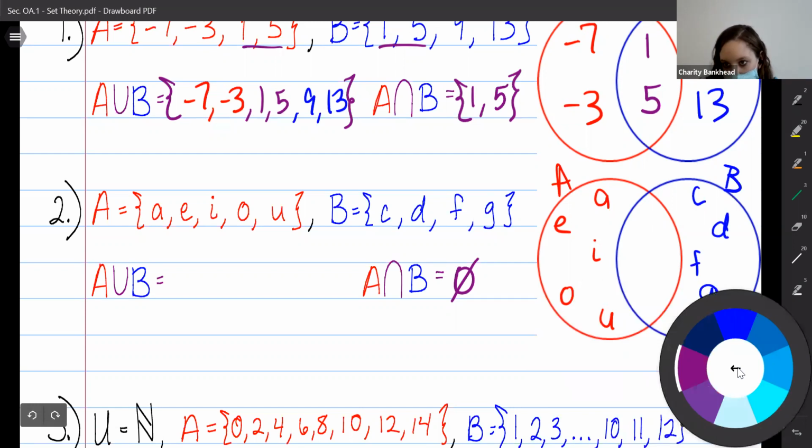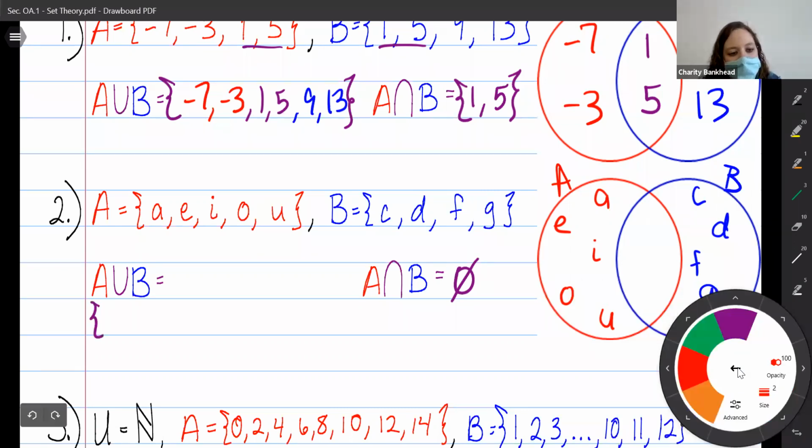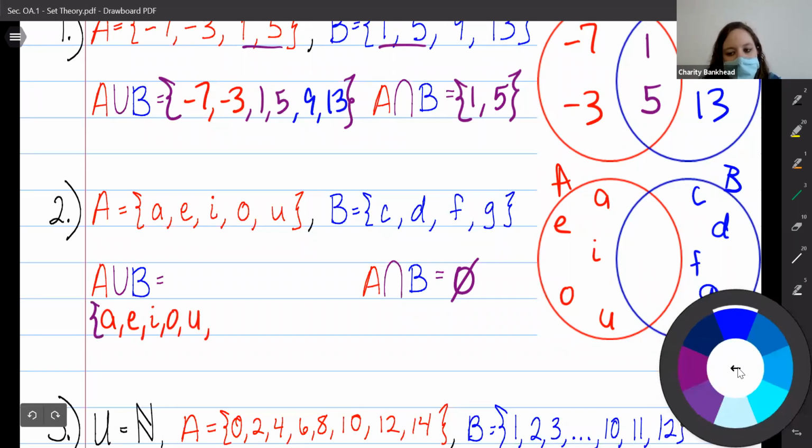Normally I might put these in alphabetical order, but I don't really feel like it right now. So I'm just going to list all the elements of A and then all the elements of B: A, E, I, O, U, and then C, D, F, G.